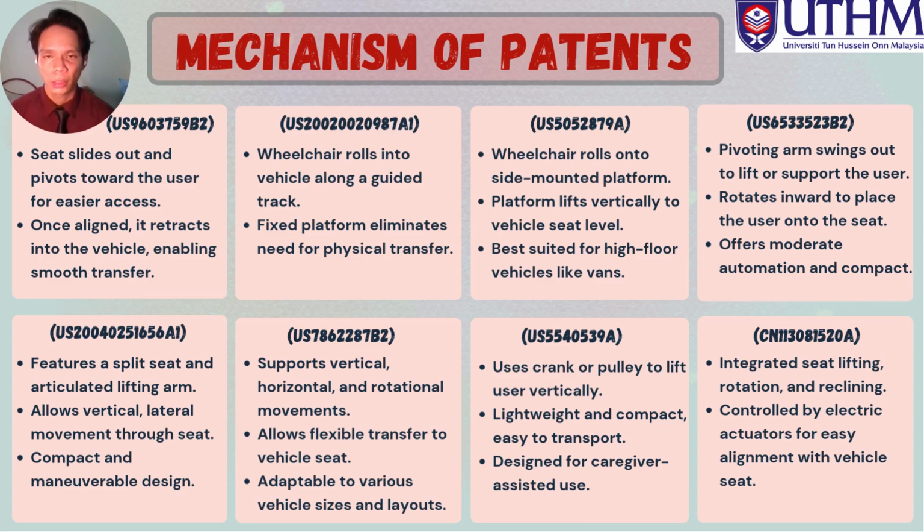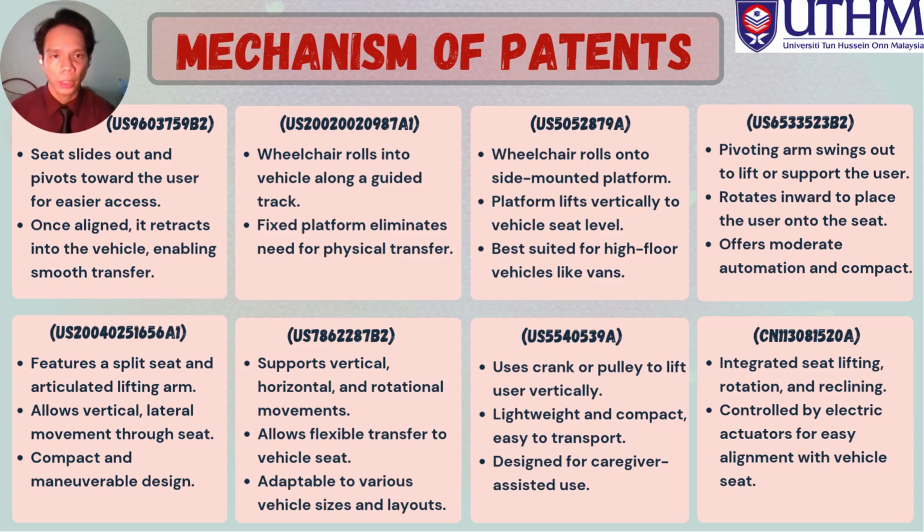The second, the wheelchair rolls into the vehicle along a carriage track, and the fixed platform is eliminated for physical transfer. Third, the wheelchair rolls onto the side of the platform, and then the platform lifts vertically to vehicle seat level.